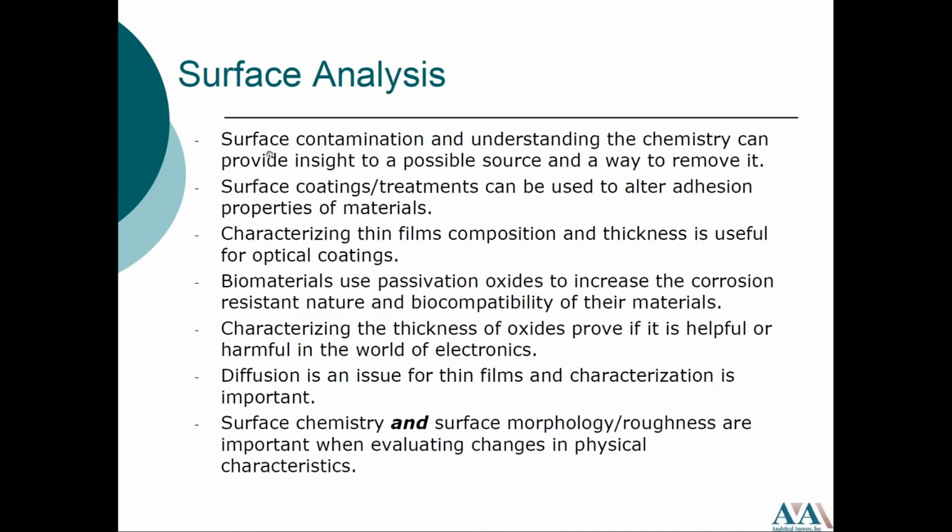For biomaterials, we talked about characterizing the passivation oxides to ensure the corrosion-resistant nature and the biocompatibility of those materials, and how depth profiling, either with ESCA or Auger, is possible. And we also talked about understanding and characterizing those same oxide thicknesses on metals and how it can be useful in the world of electronic materials when you're trying to electroplate and remove those oxides. Knowing how much is there so that you can apply the proper techniques to remove it is very important.